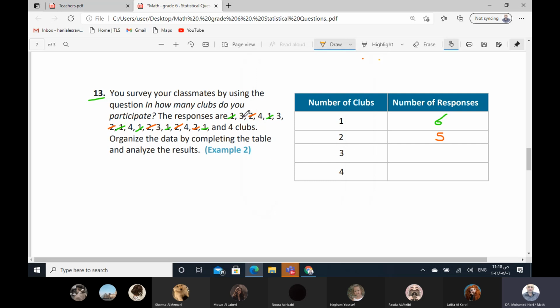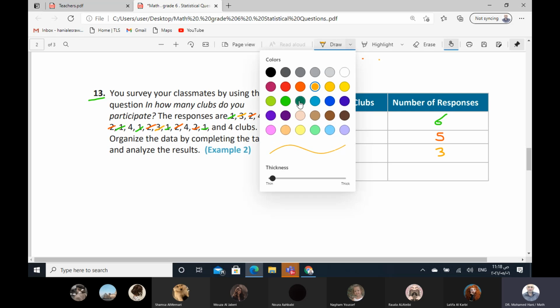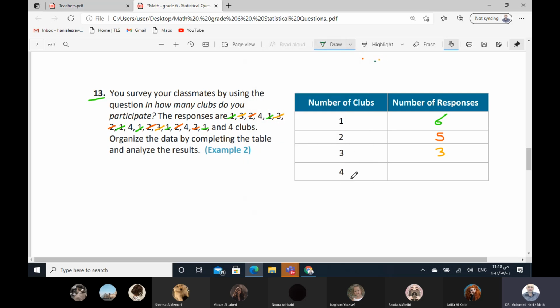Number 3, we have here 1, 2, 3. Number 4, we have here 1, 2, 3. So the result is about 1.